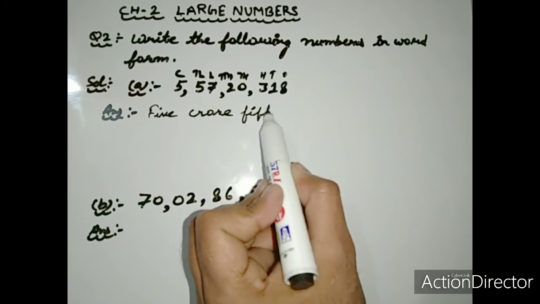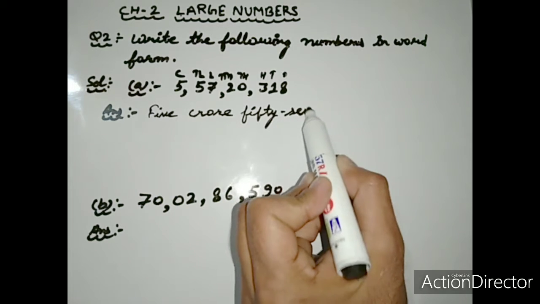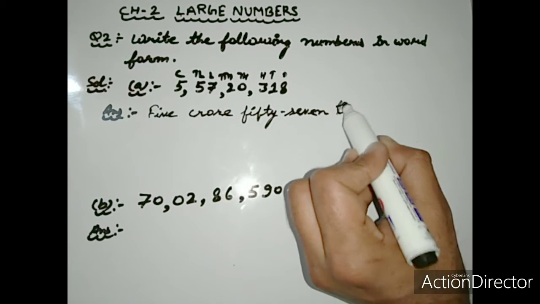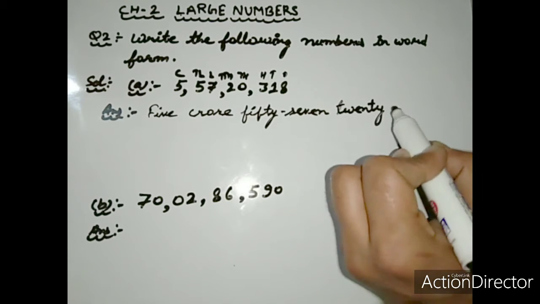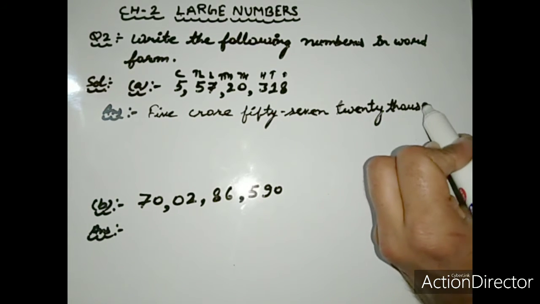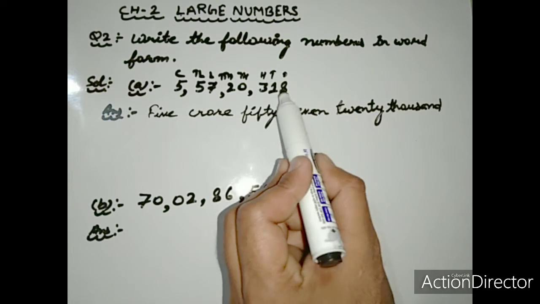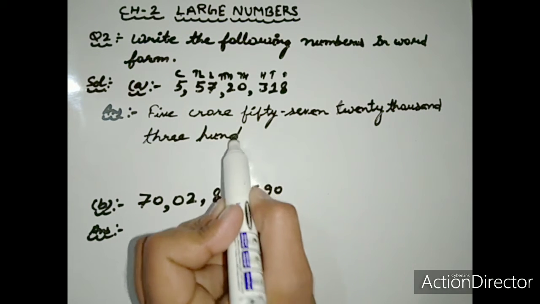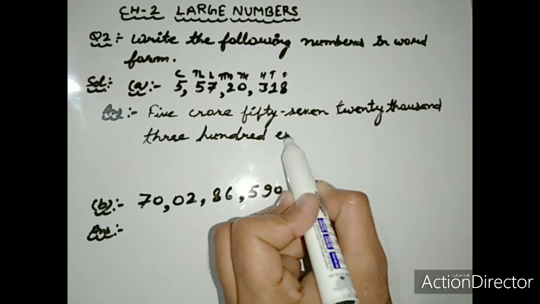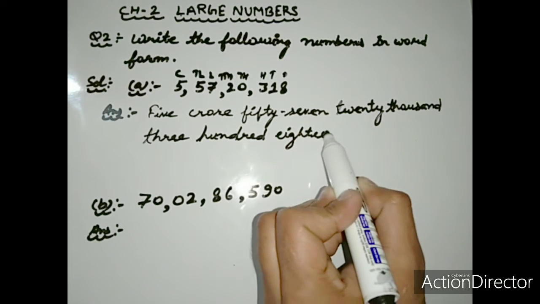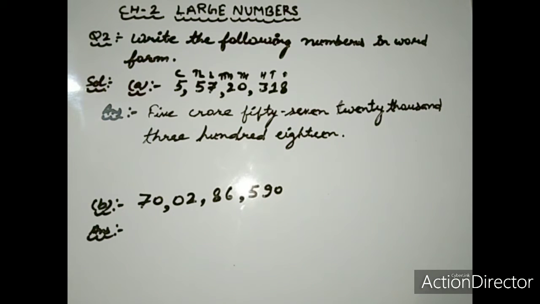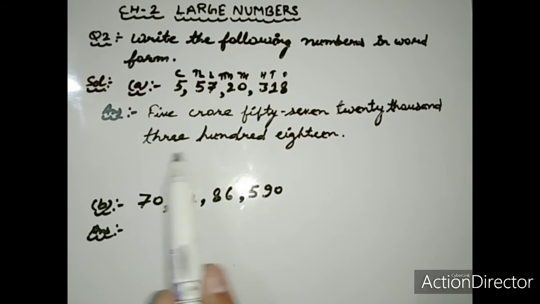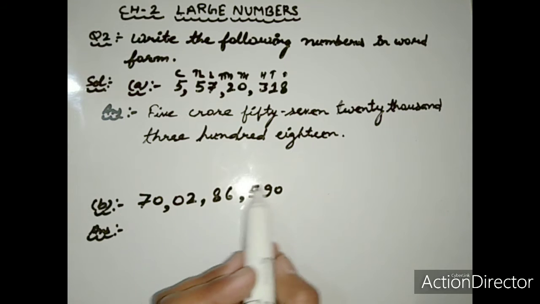So we write 57 lakh, 20,000, 318. The word form is 5 crore 57 lakh 20,318.